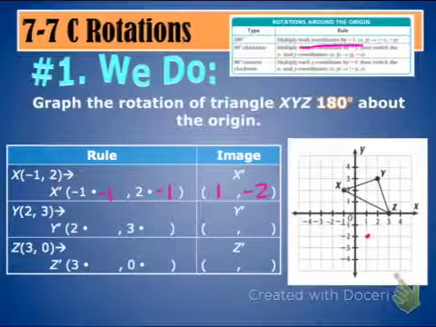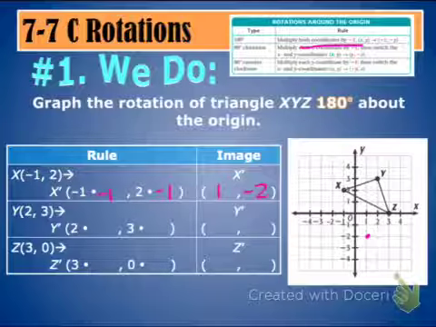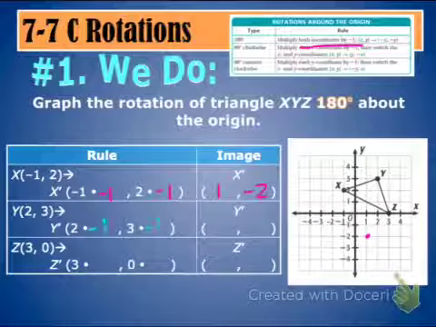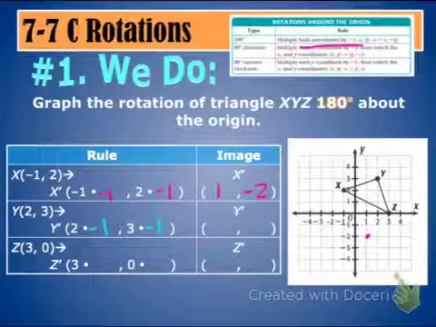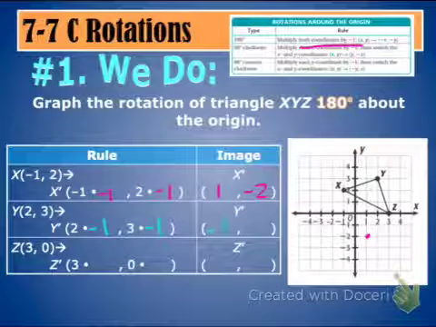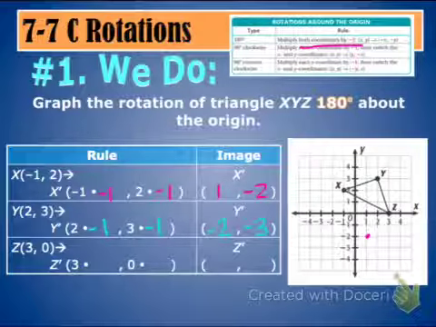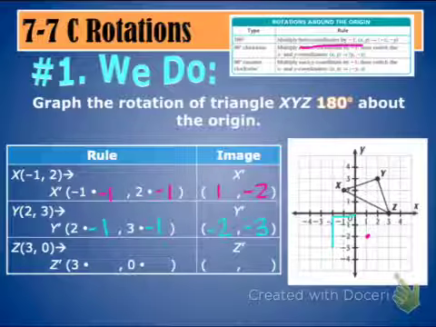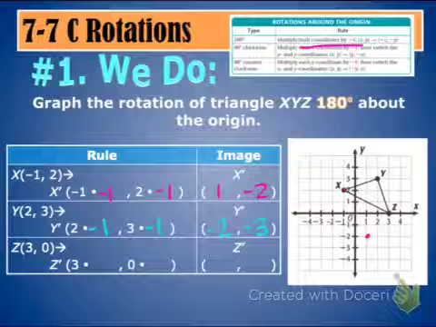Okay, up next we've got our y, which is original coordinate of 2 comma 3. So we're going to multiply both of those coordinates by -1. So 2 becomes -2, and 3 is going to become -3. So now I'm going to go to -2, -3, and that's going to be the location of my y prime.